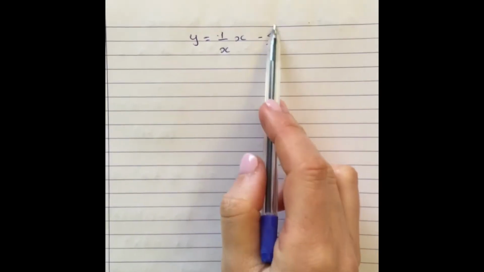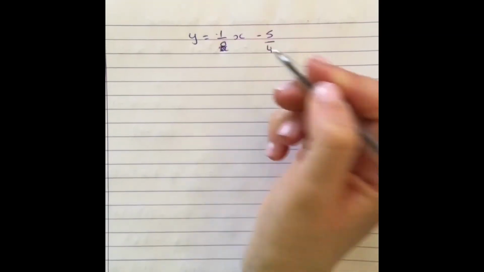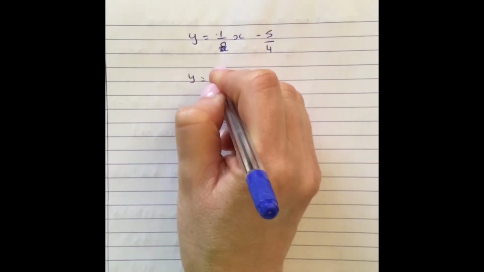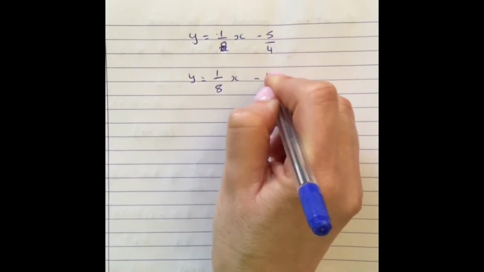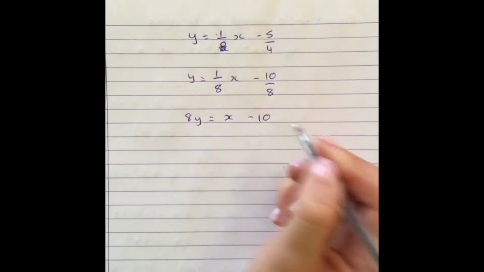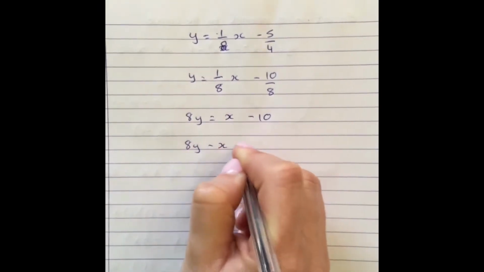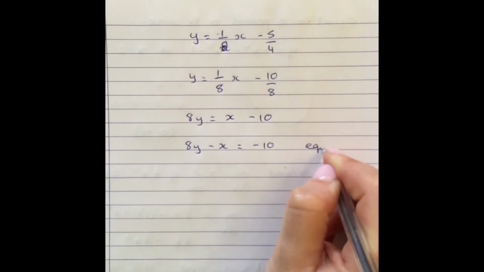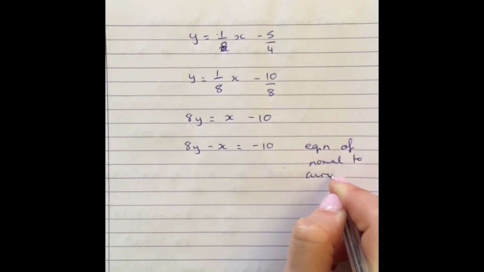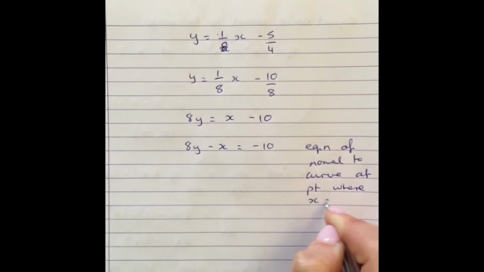Putting the value for c into the equation for the normal, y is equal to 1 over 8x minus 5/4. So y is equal to 1 over 8x minus 10 over 8. So 8y will equal x minus 10, or 8y minus x equals minus 10. And that's the equation of the normal to the curve at the point where x equals 2.